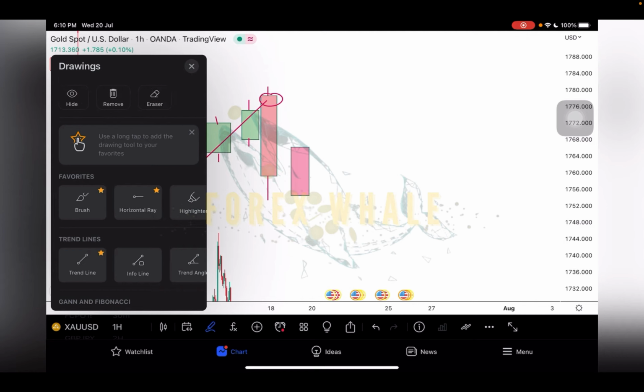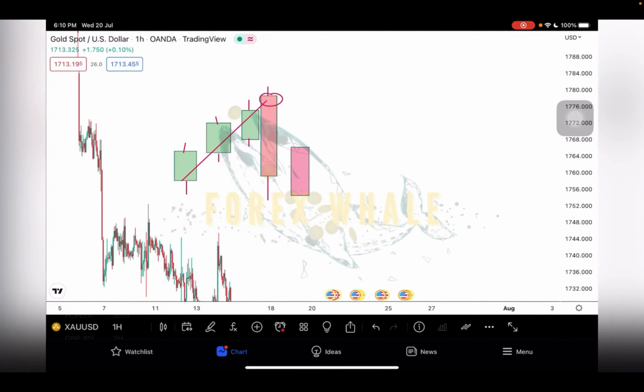Okay, so there are a few ways for you to trade this bearish engulfing. We'll go with bearish engulfing first before we go with bullish engulfing. There's one of a few ways to trade bearish engulfing.